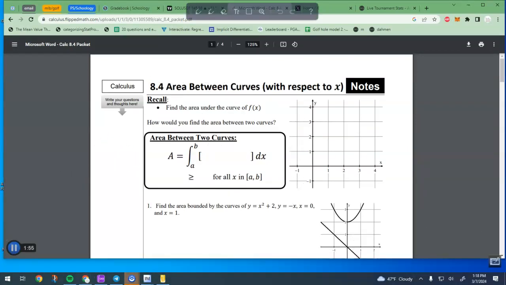I'm going to write it like this: top minus bottom, and the a is your left hand x value, and the b is your right hand x value.